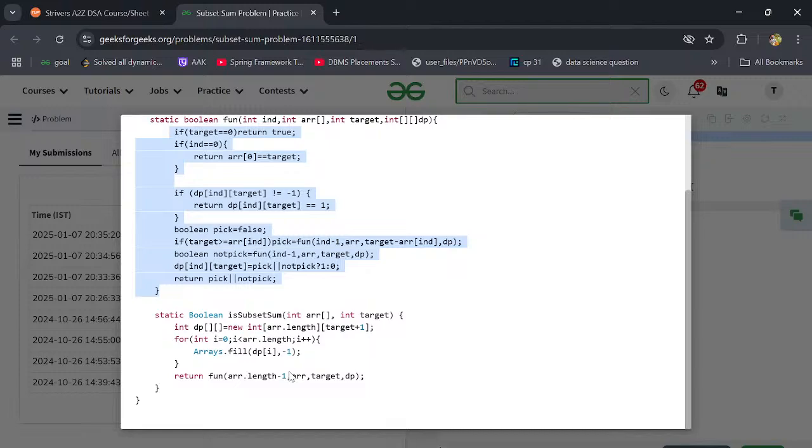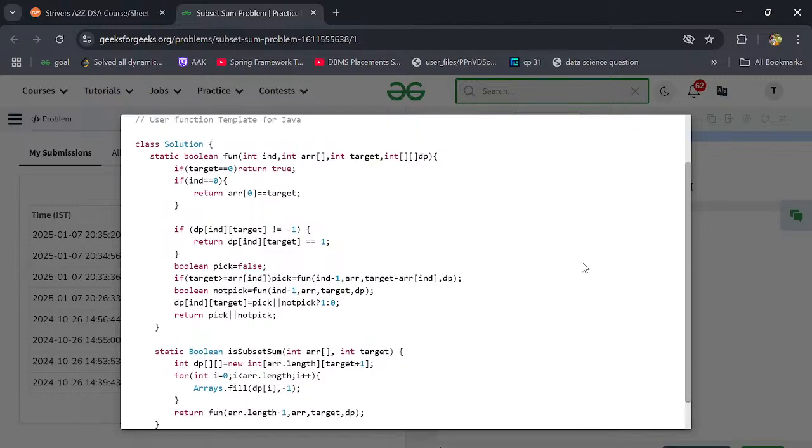If it is false, store 0. That's it. If pick or not pick becomes true, then store this, else store this. Got it?